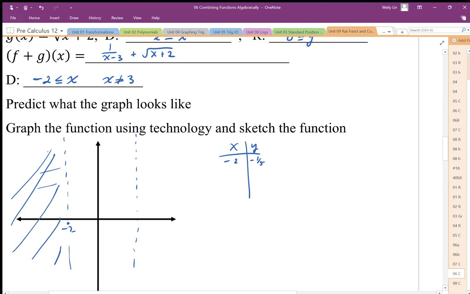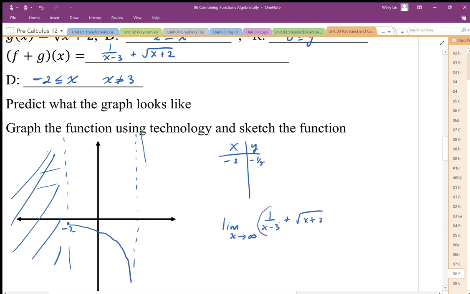We know that it should follow the asymptote, so it's going to go down to the asymptote down here. This also should come up along the asymptote here. But what's going to be happening as x gets really big? I'm going to write it this way: the limit as x gets large of 1 over x minus 3 plus square root x plus 2.